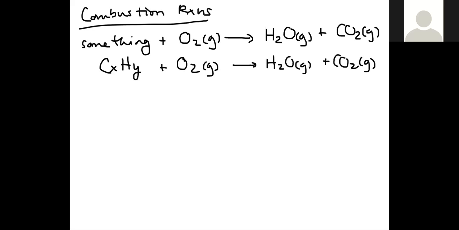So if you see C something, H something plus O2 goes to H2O and CO2, that is a combustion reaction. Okay? Any questions on that? You will have to know the phases of those compounds. I'll give you the phase of CxHy, don't worry about that. All right.